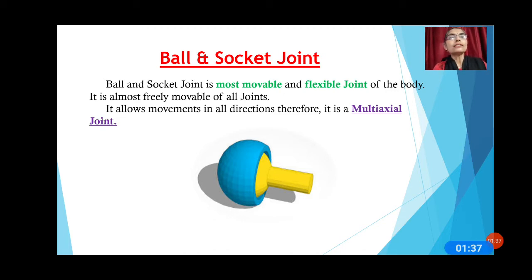It is almost freely movable of all joints. It allows movement in all directions. Therefore, it is also known as a multi-axial joint, because it can move in all directions.